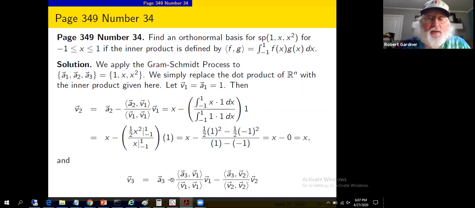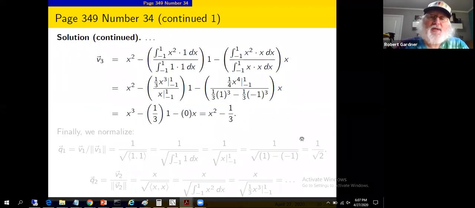And finally, for V sub 3, we need A sub 3 minus the projection of A3 on V1 and minus the projection of A3 onto V2. We'll express it in terms of the inner products. The inner products are integrals. All right, so it's the same stuff over and over. It looks more complicated because we've got inner products that are expressed as integrals instead of just straight up dot products, but it's the same thing.